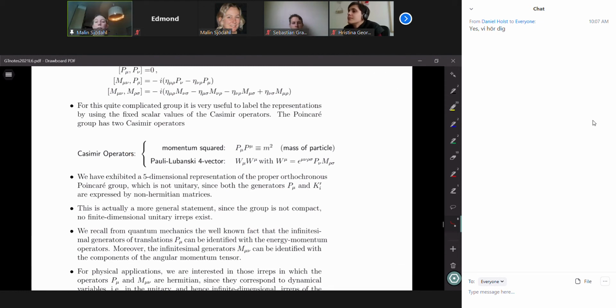But actually, what is far less known is that there is another Casimir operator. There is something called the Pauli-Lubanski 4-vector, W mu.